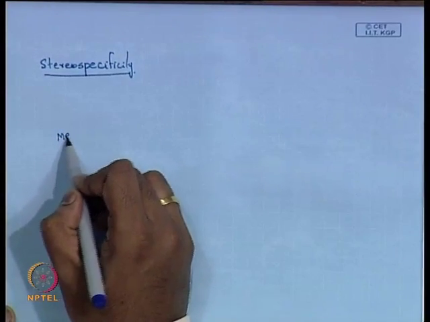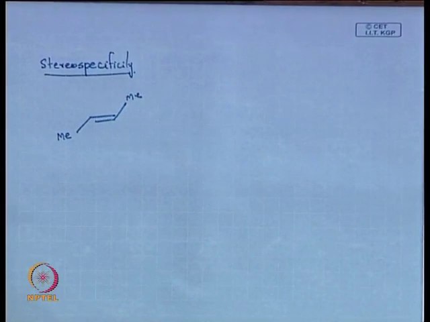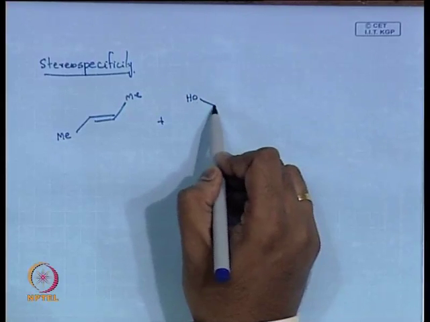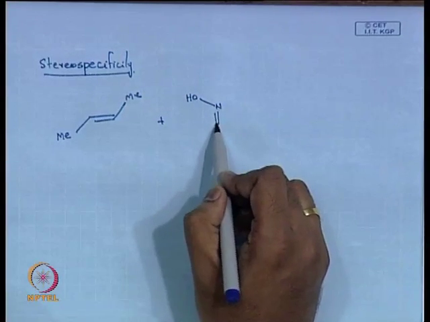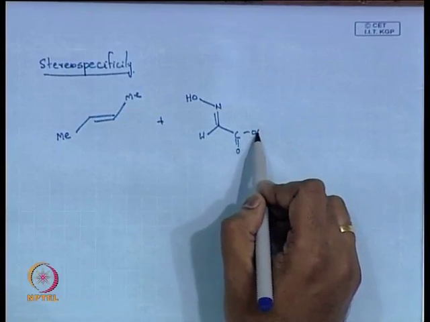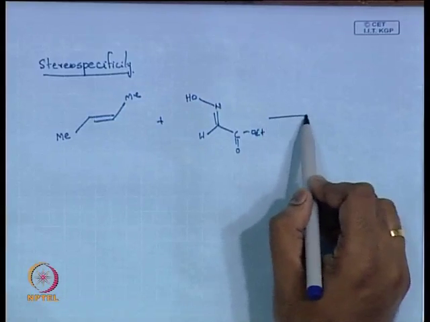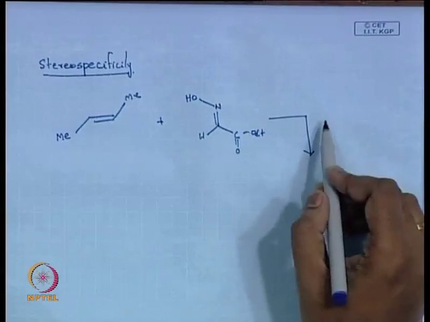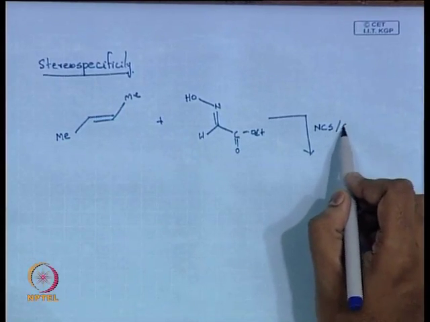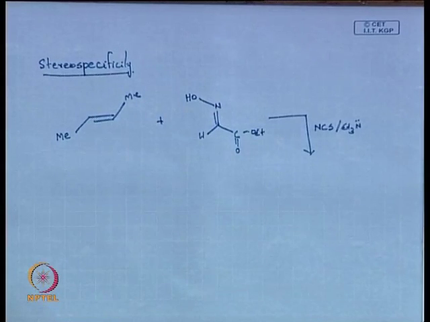You see, I have a trans olefin. If I have N-chlorosuccinimide, NCS, in the presence of a little bit of amine, what am I going to end up with?